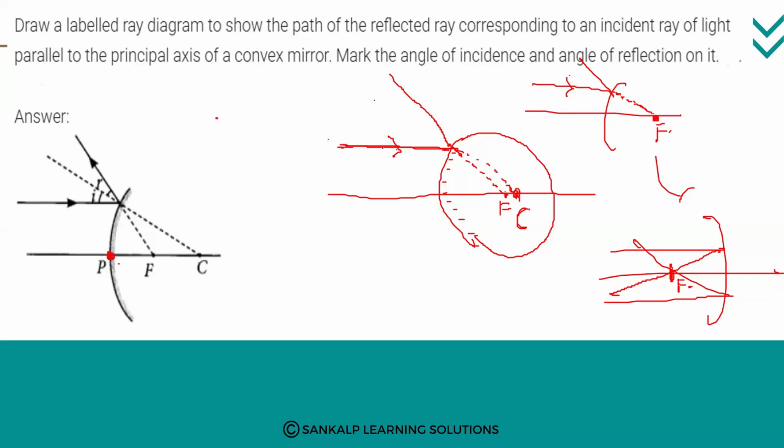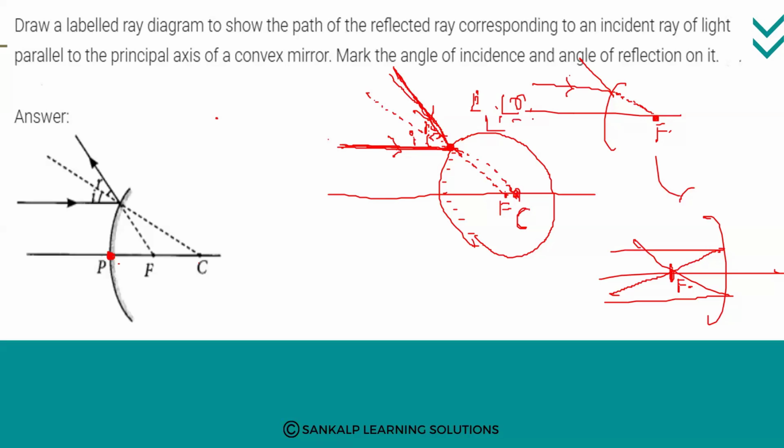Now how is your light coming? It comes from here and touches here. So this is called the incident ray. And then it goes back; after reflection it goes like this, that means this is a reflected ray. Coming ray is the incident ray and going ray after reflection is the reflected ray. When you draw a normal to this line it makes two angles: this is angle of incidence I and this is angle of reflection R. It follows the laws of reflection, that means angle of incidence is equal to angle of reflection.